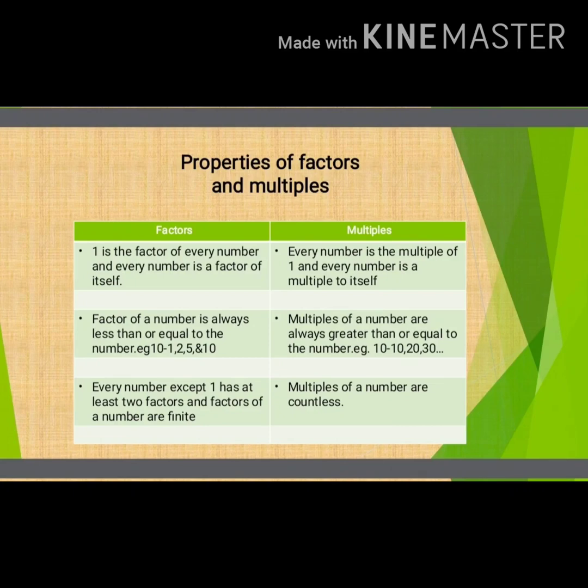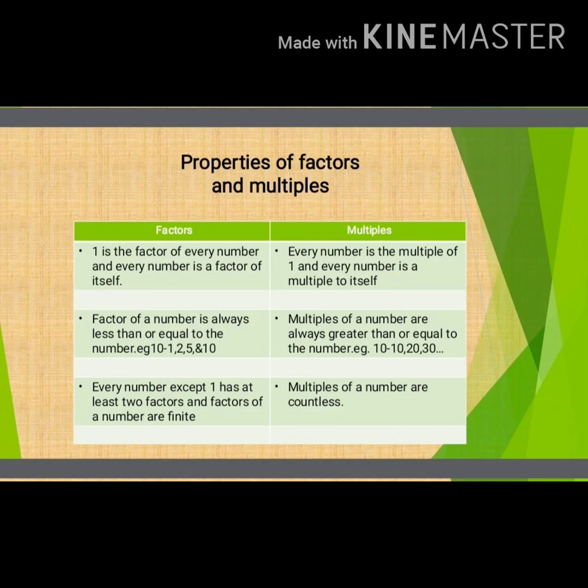Third property, every number except 1 has at least 2 factors and the factors of a number are finite. For example, if I take number 17, 17 does not have any other factors but I have 2 factors. As we have seen in property number 1, 1 is the factor of every number, so 1 is going to be the factor, and every number is a factor of itself.